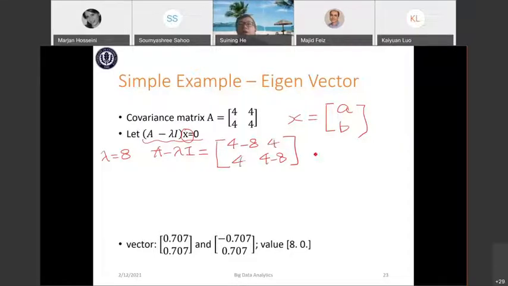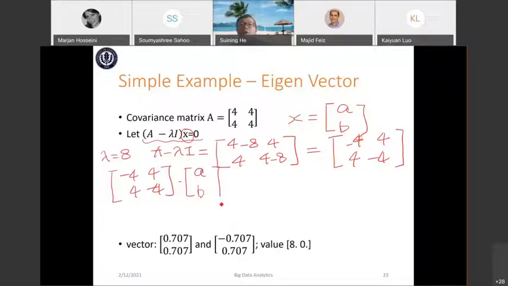So it becomes minus 4 for the diagonal elements and 4 for the off-diagonal elements. So this formula can further be substituted with the new elements, and we have this matrix times the vector we are interested in, say A and B.